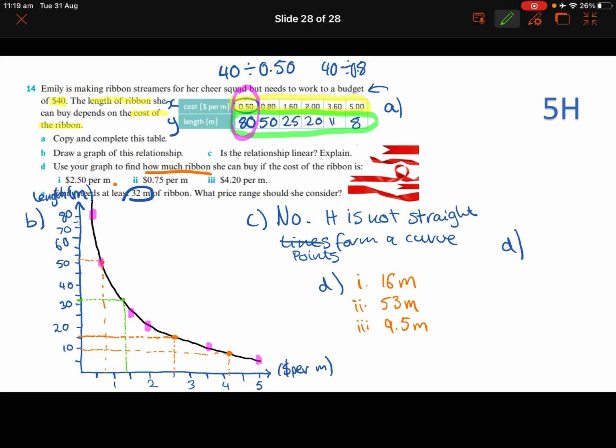So you could say maybe $1.30, $1.20. So $1.25 would be here. Just depends how accurate you draw it. So I would say $1.25 for 32 meters. So what price range? Between 0, or probably not 0, because it won't be free, but up to $1.25. So anything that costs more than $1.25, she won't be able to get 32 meters.